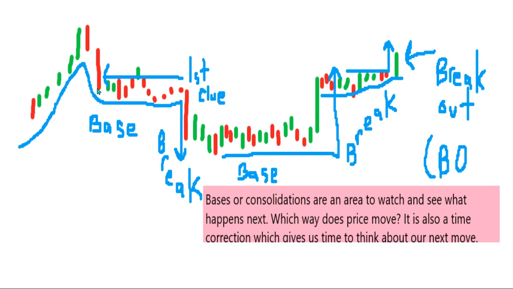Clue two is this long base here, which you can see. And then the third clue we're looking for is which way does price move out of this base? In this example, prices broke down or price moved down, indicating that there's more sellers or more selling pressure at this time, indicating lower prices.